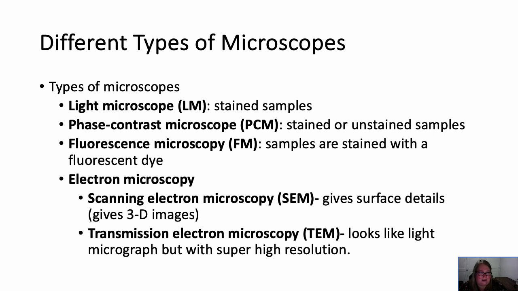We have phase contrast microscopy. This is going to use a special filter that's going to allow us to see both stained and unstained samples. And we'll see an example of all of these actually on the next couple slides, where we look at some micrographs. We have good old fluorescent microscopy. This is what we saw in the earlier case study.